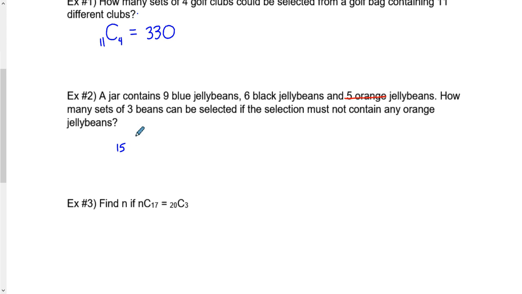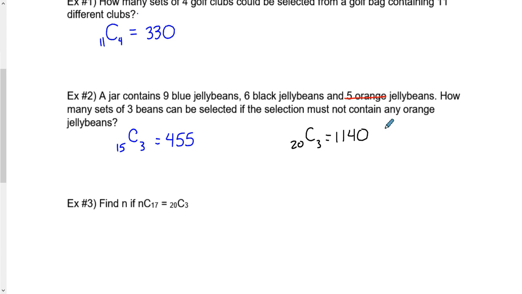We've got 15 left, and we're just going to take 3. So 15C3 would be 455. Now, of course, if we did them all, we've got 20C3. It'd be 1,140.